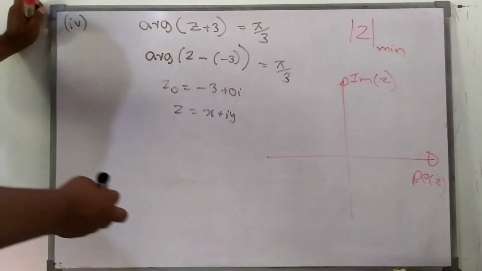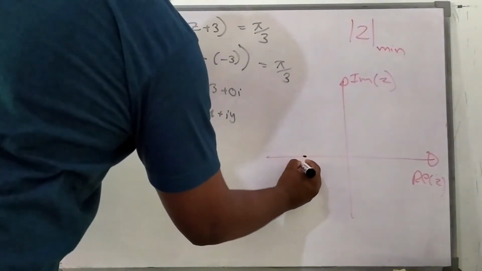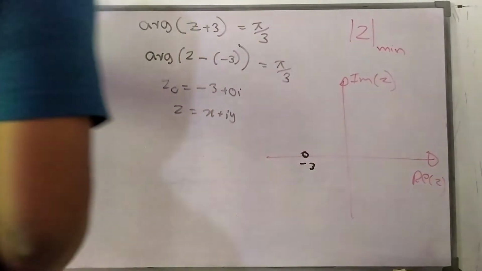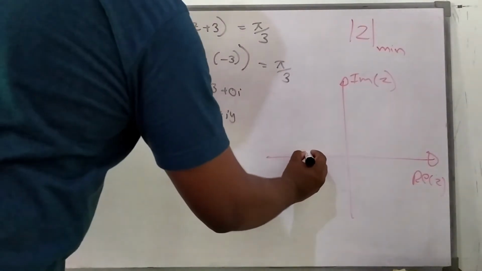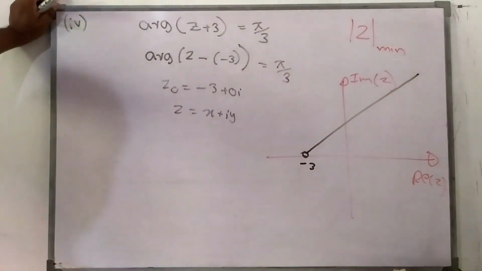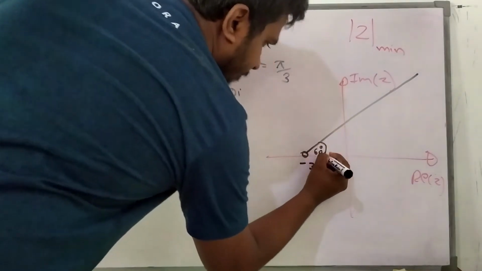Minus 3, 0 is over here. So the angle is 5 by 3, which is 60 degrees.